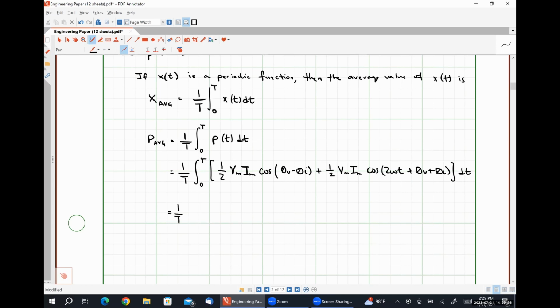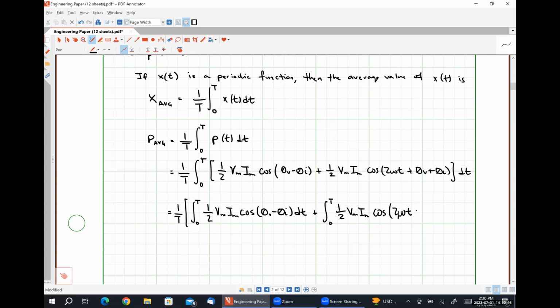So we're going to have 1 over T times the integral from 0 to T of 1/2 Vm Im cosine of theta v minus theta I, plus the integral from 0 to T of 1/2 Vm Im cosine of twice omega t plus theta v plus theta I, dt. Close second.